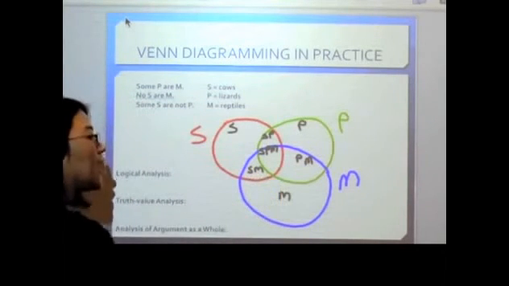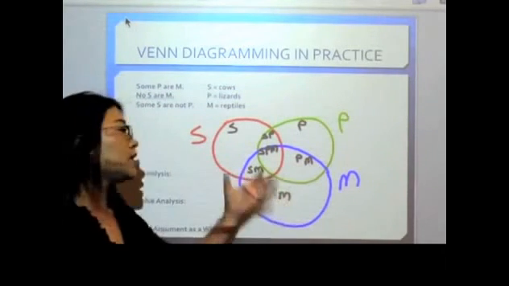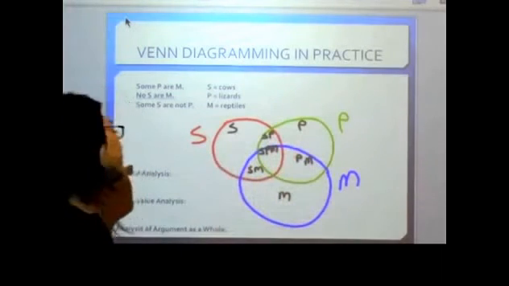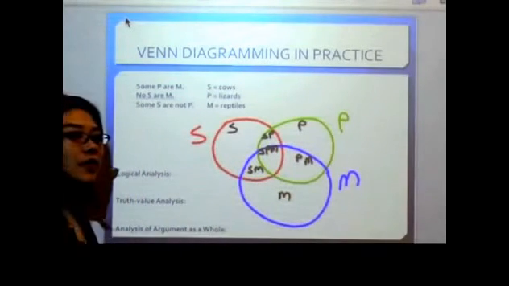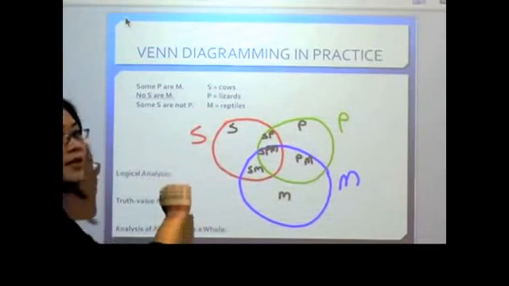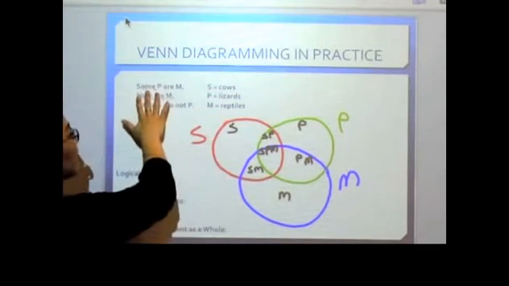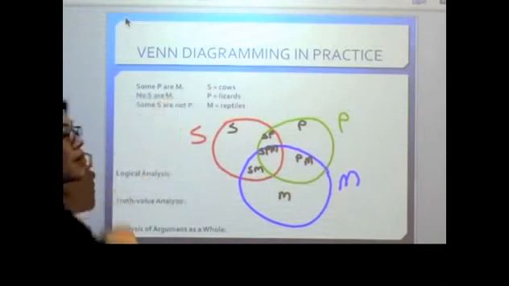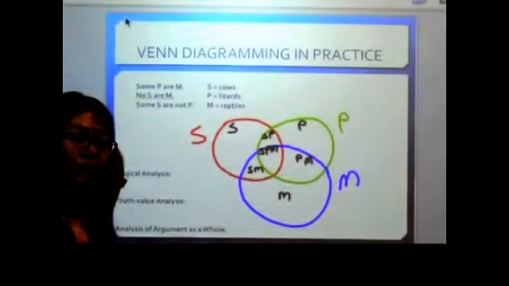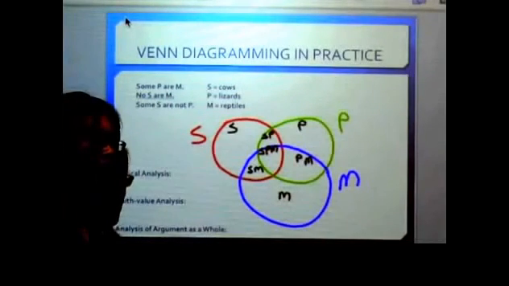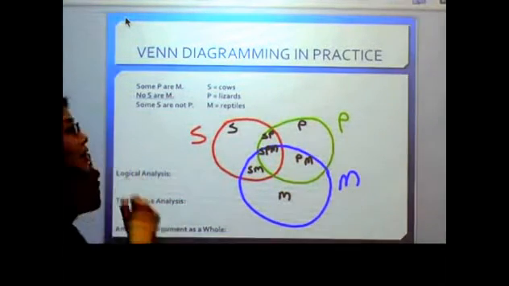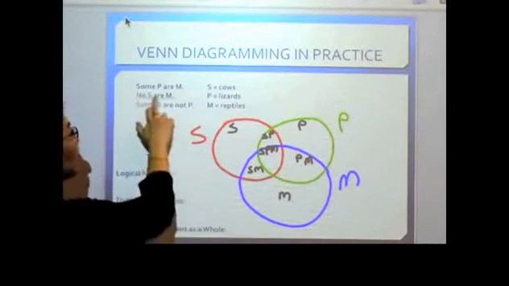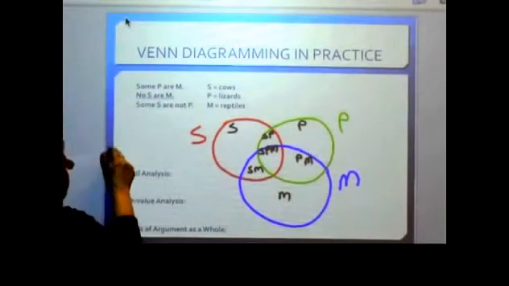And I went ahead and showed you what each of these areas represents. Okay, so let's go ahead and diagram our premises. Now, our premises are the major premise, some P are M, and the minor premise, no S are M. And notice here we have one universal statement and one particular. So we're going to diagram the universal statement first. That universal statement is no S are M.